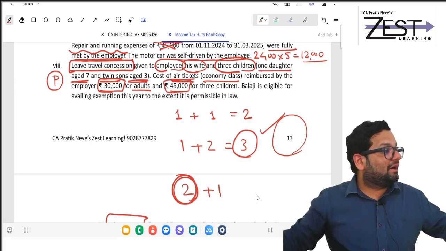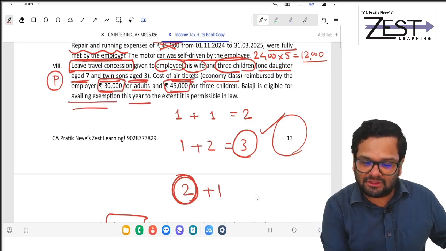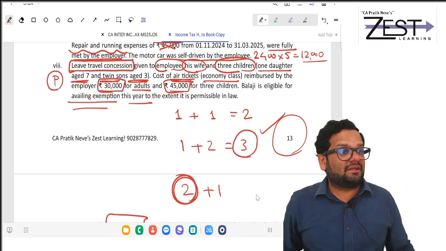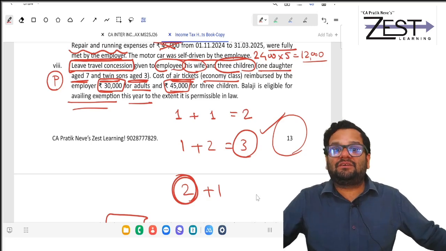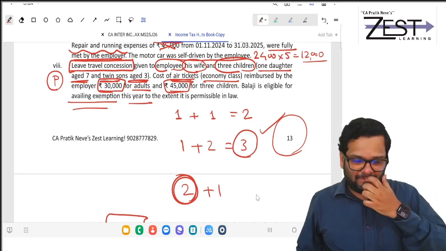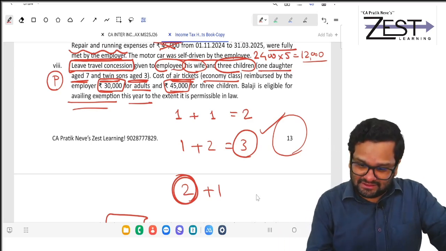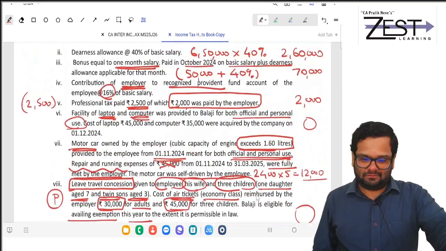Fully it will become exempt. He is eligible for availing exemption this year. Means he is claiming exemption within his limits. He has to claim only twice in block of 4 years. He is within that. So LTC taxable will be 0. That's it.